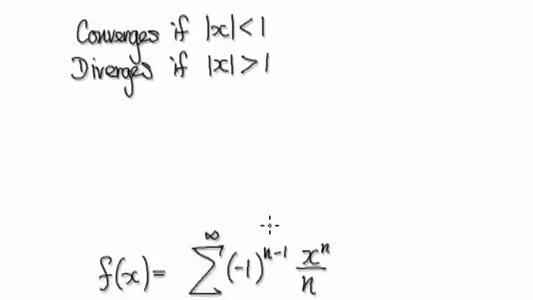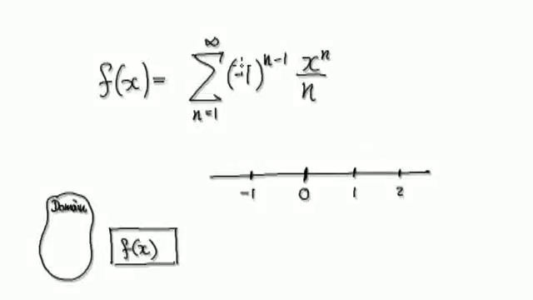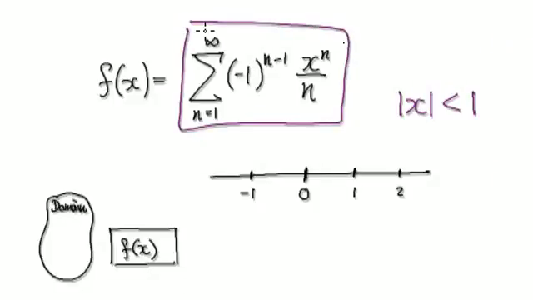So we were trying to find values of x for which this whole series will converge, and it turns out that it will converge if the absolute value of x is less than 1, meaning from -1 all the way to 1, and any values in between.